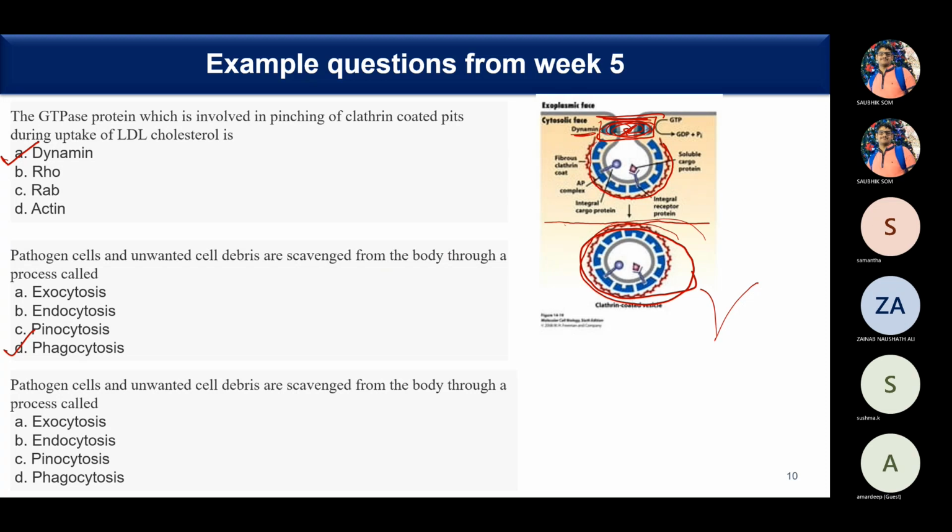The main difference between pinocytosis and phagocytosis is that phagocytosis takes in large particles like bacteria, cell debris, whereas pinocytosis takes in small particle size, like some molecule, some fluid or something like that. Okay. This is, sorry, twice it has been pasted.